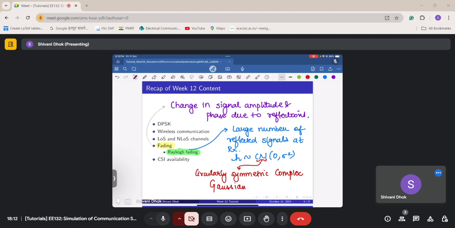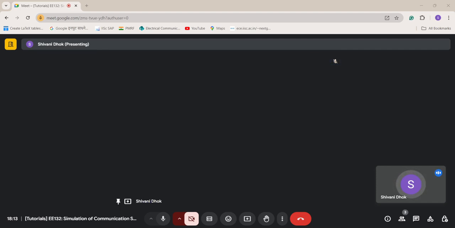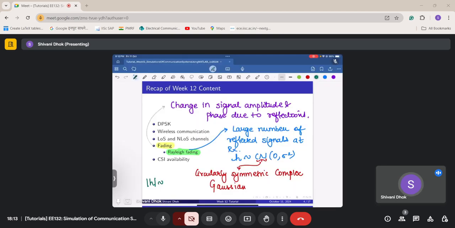And this leads to Rayleigh fading. What it means for the channel to be Rayleigh faded is that the envelope is distributed as a Rayleigh random variable.